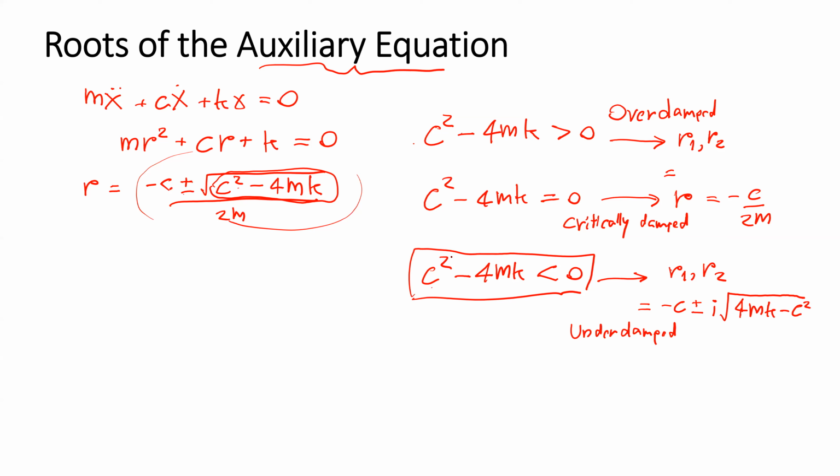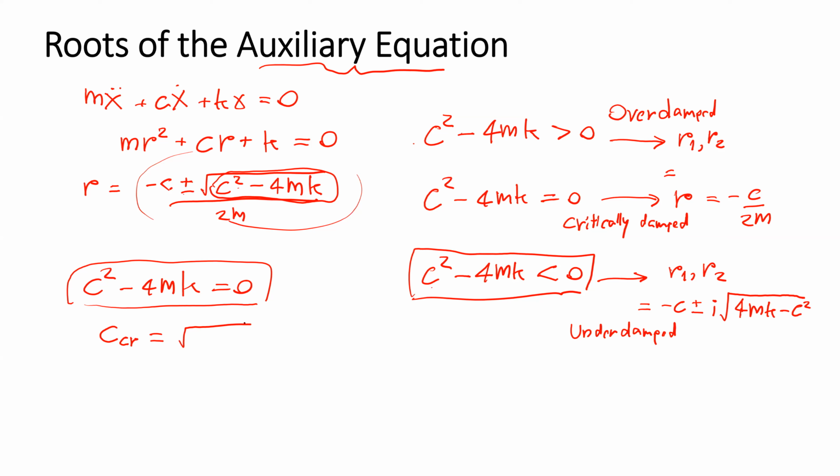When the term C squared minus 4mk is equal to 0, the C that makes this equation true is C critical, or the critical damping coefficient.